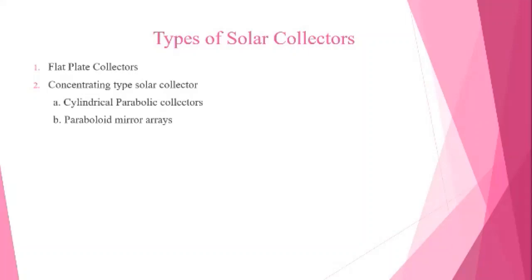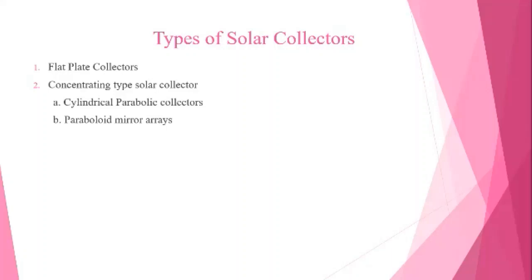If the working fluid absorbing heat is liquid, such collectors are also called liquid flat plate collectors. Flat plate collectors are used for low temperature applications like solar water heating, space heating and cooling, drying, low temperature power generation, etc.